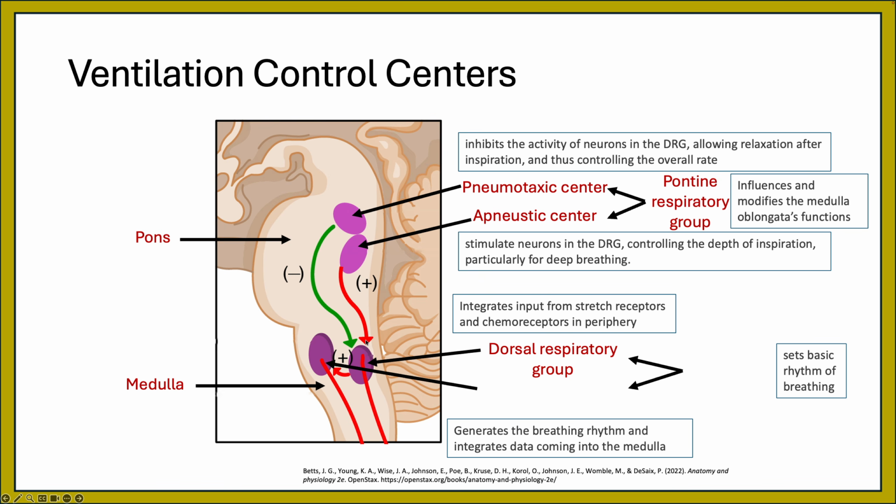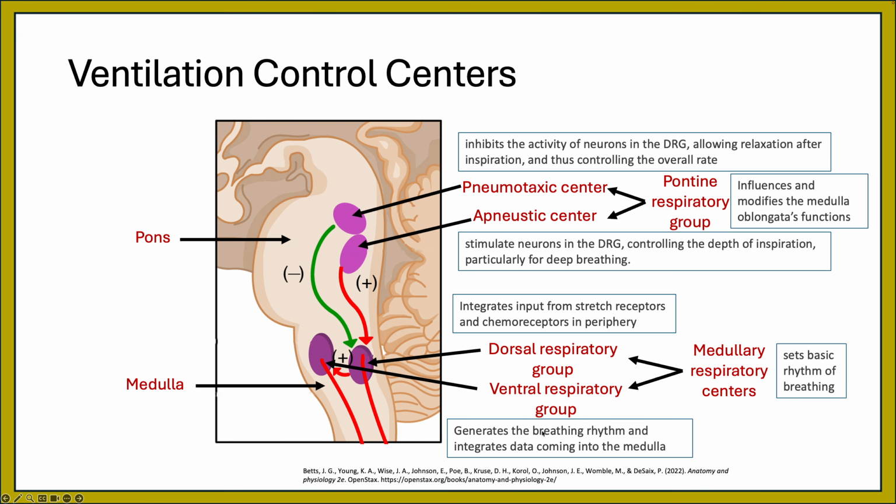So let's go down to the medulla, which is going to be comprised of the dorsal respiratory group and the ventral respiratory group, which together make the medulla respiratory centers. So the dorsal respiratory group is going to integrate input from stretch receptors and chemoreceptors in the periphery with the input that is coming from the ventral respiratory group.